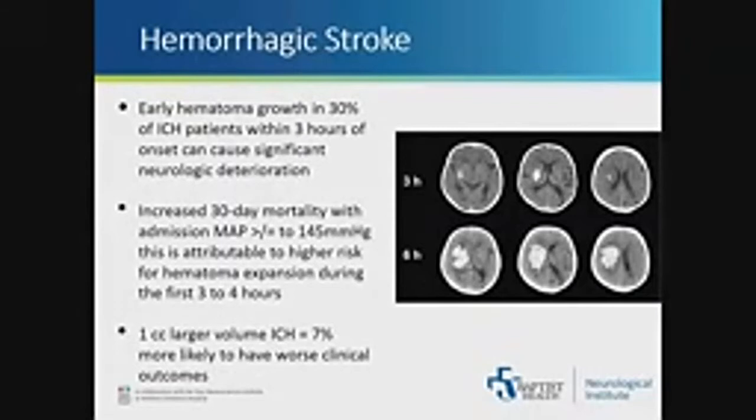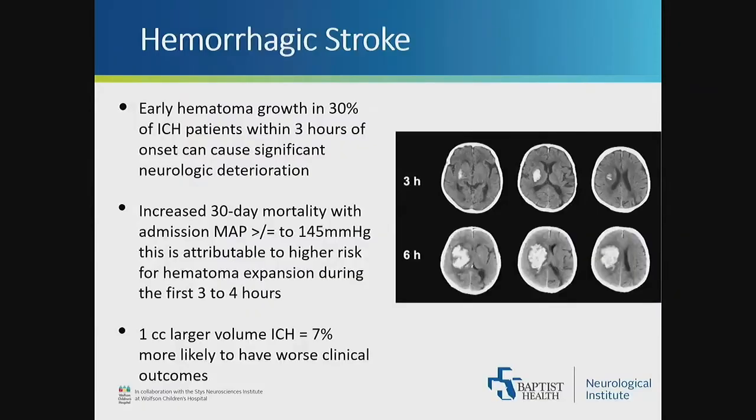Through the research that I did, I got several studies and a few PowerPoints sent to me. One of the main goals in treating hemorrhagic stroke is to prevent expansion of that stroke and further neurological damage. Early hematoma growth occurs in 30% of ICH patients within the first 3 hours of onset, and that causes significant deterioration in these patients.